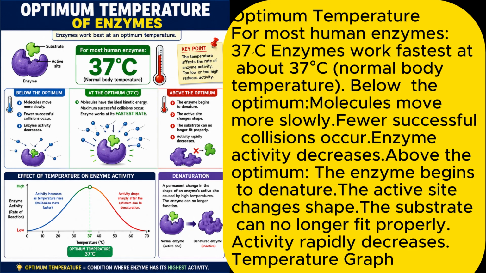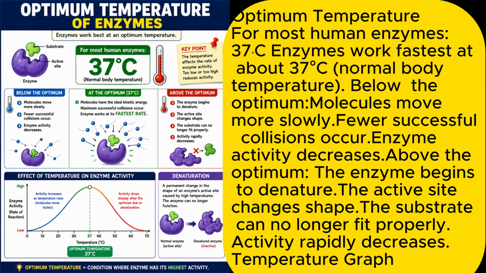If it is above the optimum temperature, enzymes begin to denature. The active site changes shape and the substrate can no longer fit properly. Activity rapidly decreases. As I have shown you, the activity increases gradually up to the optimum in the temperature graph. After the optimum, activity drops sharply because of denaturation.